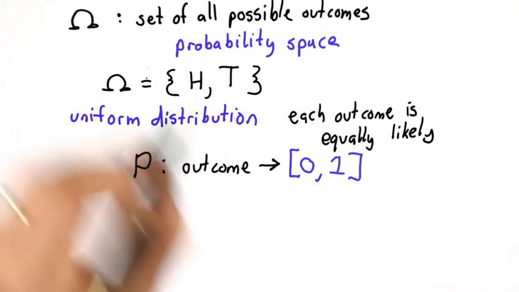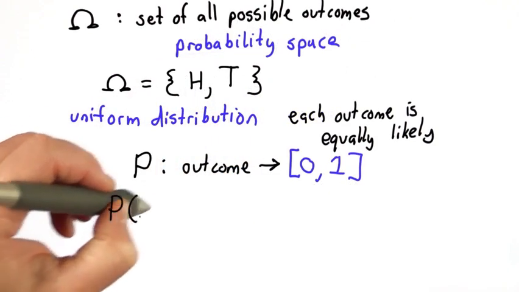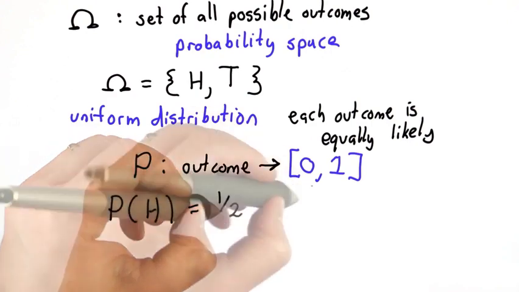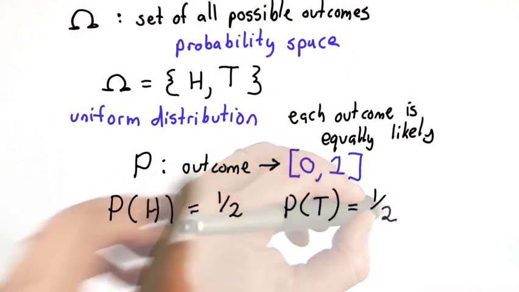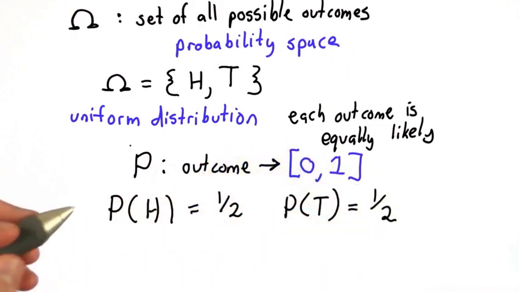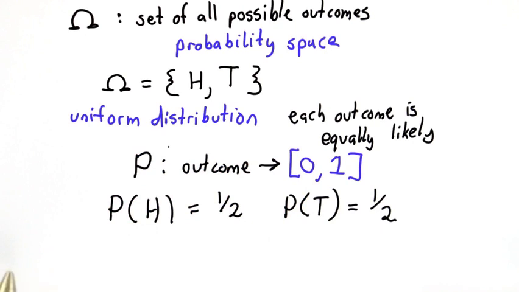So if we assume a fair coin with a uniform distribution, well, then the probability that we get heads is equal to 1/2. And the probability that we get tails is also equal to 1/2. So that's how we think of mathematical coins. And we hope to have mathematical coins to use in our crypto systems.